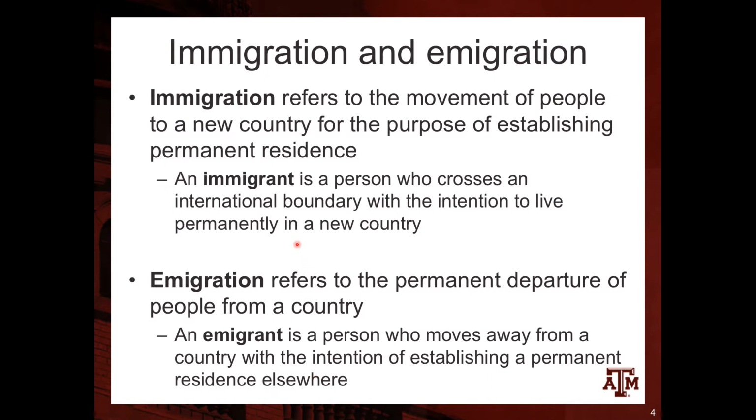So let's talk about an international migration flow that we hear a lot about, of people moving from Mexico to the United States. If I'm doing an analysis from the point of view of Mexico, of people moving out of Mexico and coming to the United States, I'm doing analysis of emigration. I'm looking at how people leaving Mexico and going to the US might affect the area of origin, which is Mexico.